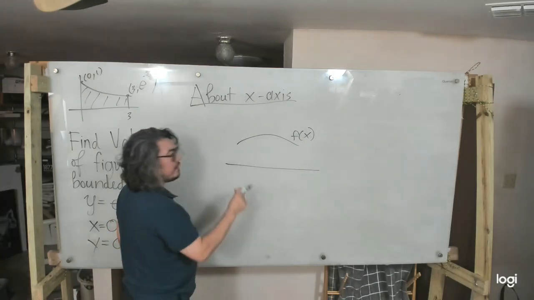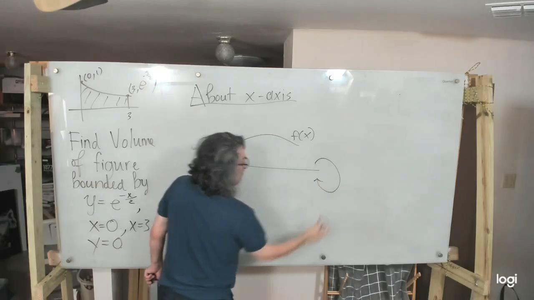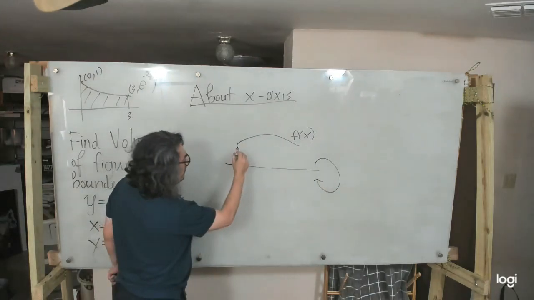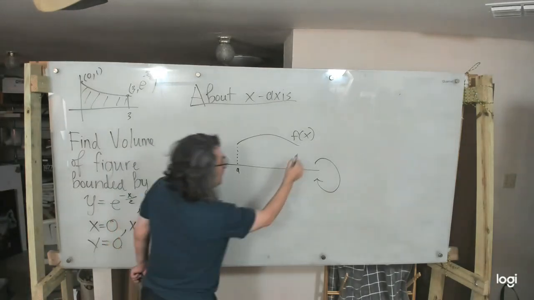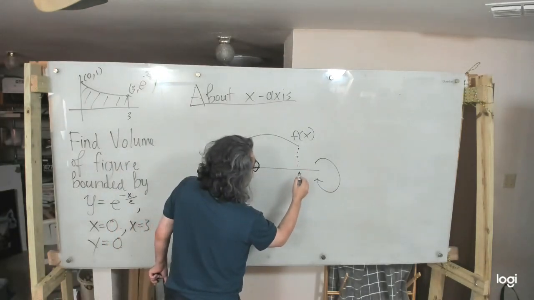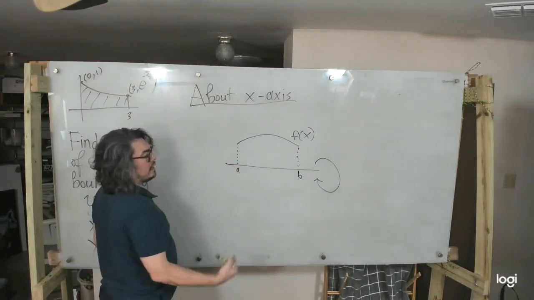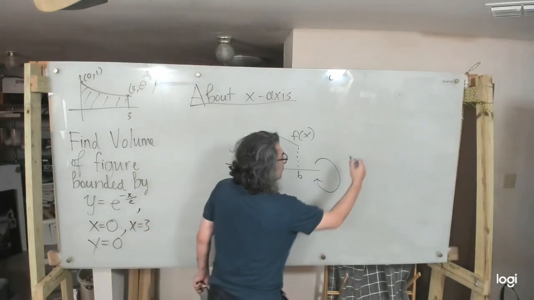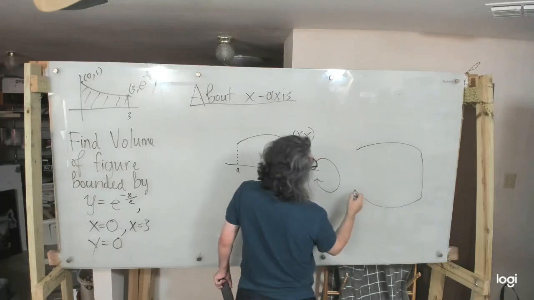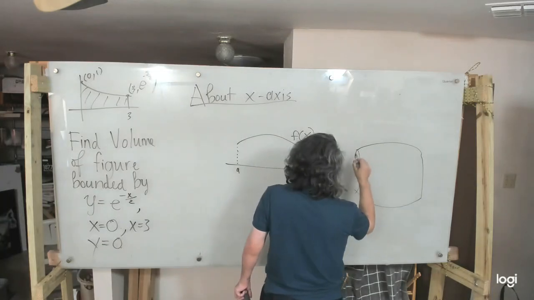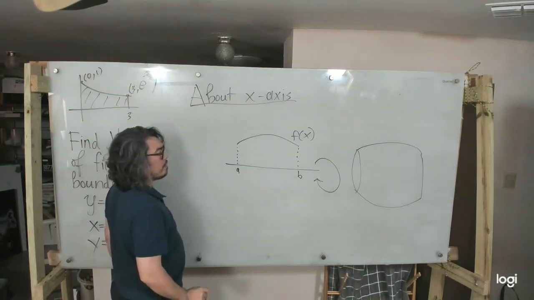Let's say that this is my f of x, and I want to rotate it about the x-axis. Let's pretend that this is the x value A, and this boundary is the x value B. If you were to rotate it like this, we would be getting the volume of something that looks kind of like a barrel.